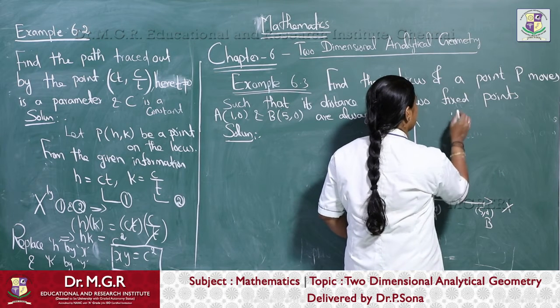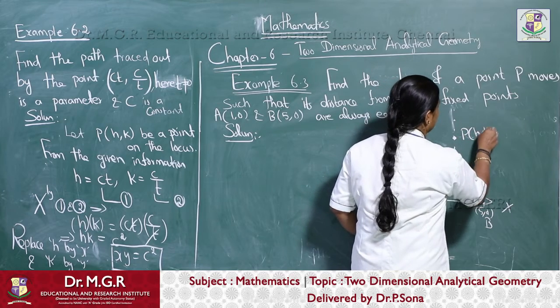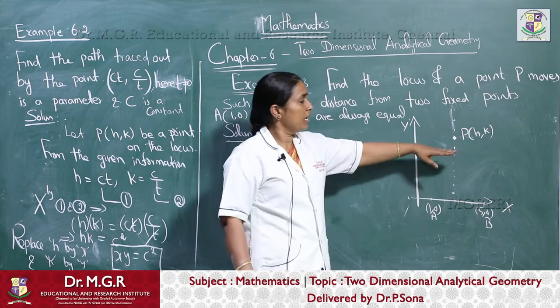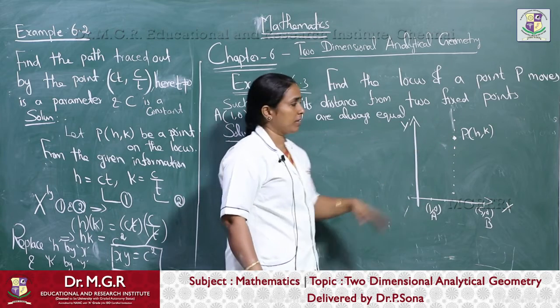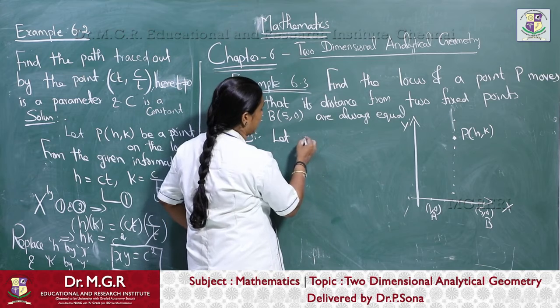So this is the point P(h, k), and this is the first step of finding the equation of locus.